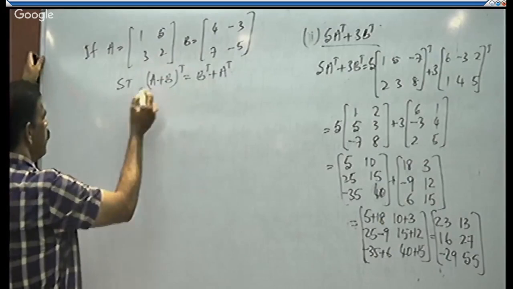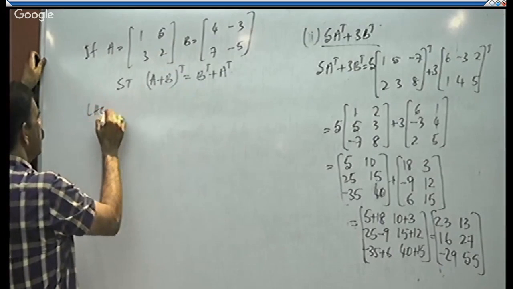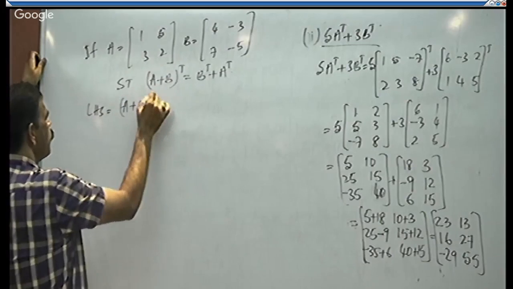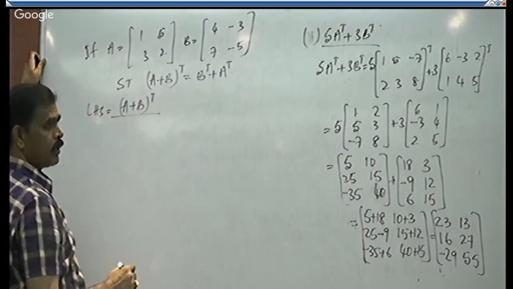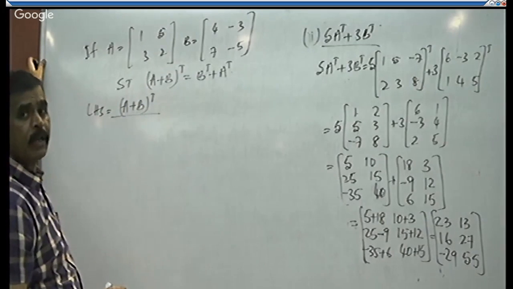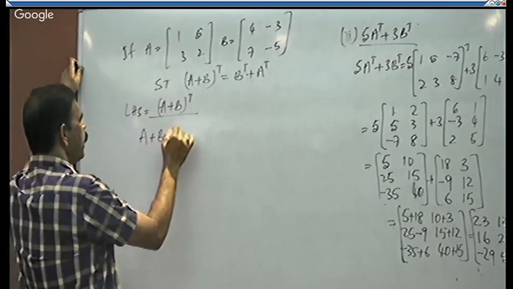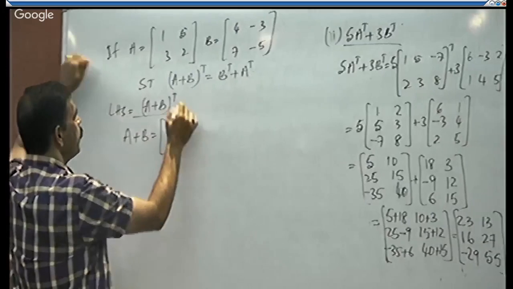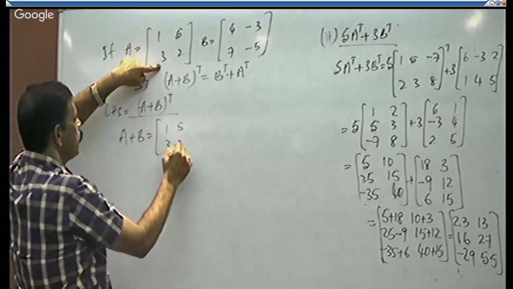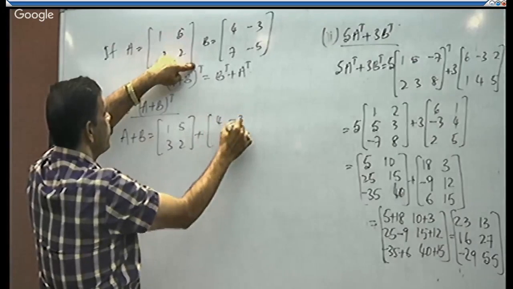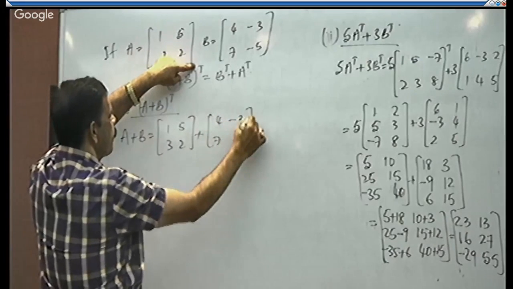Let us take left hand side. In left hand side, what we need to calculate is A plus B whole transpose. So I cannot calculate directly. First I need A plus B. What is A? 1, 5, 3, 2. Plus what is B? 4, minus 3, 7, minus 5.